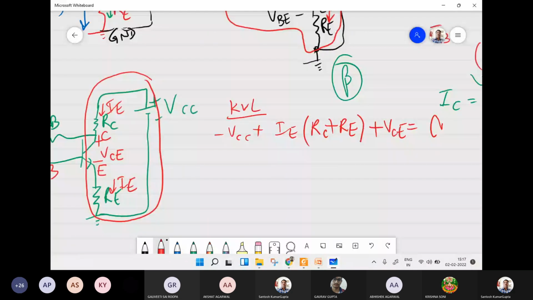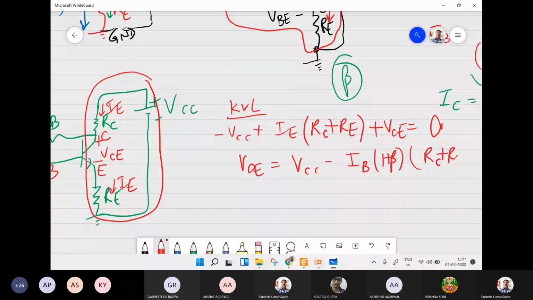So now from here VCE can be found easily. VCE will be equal to VCC minus IE times (RC plus RE). IE can be written in terms of IB as (1 plus beta) times IB. So in this way, VCE can be found.